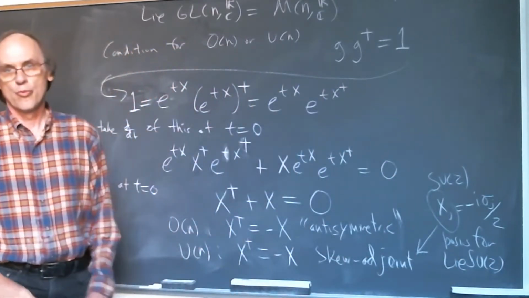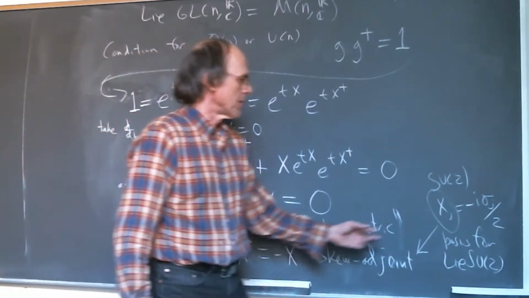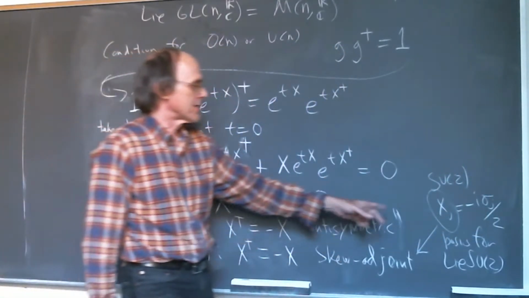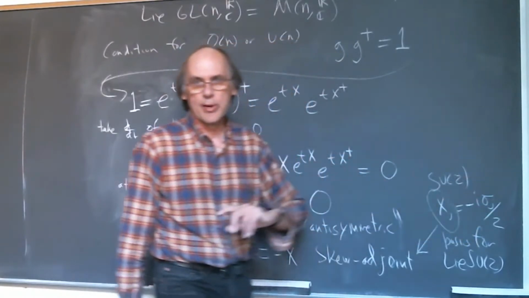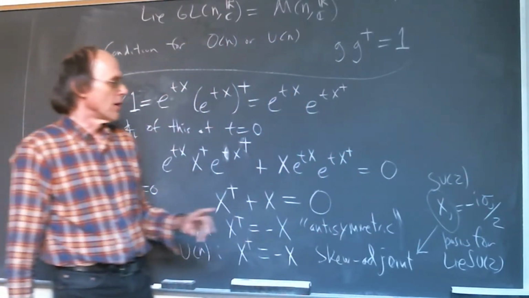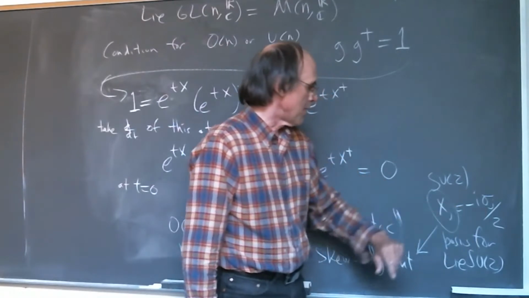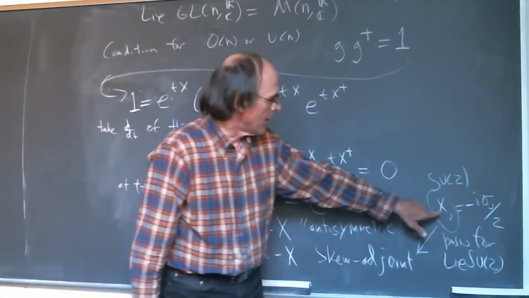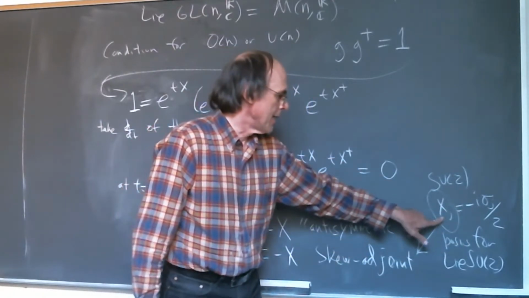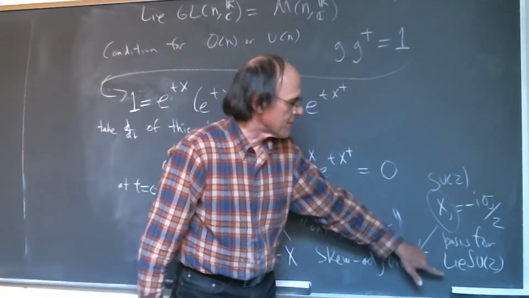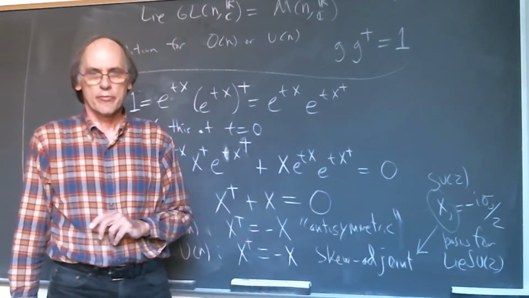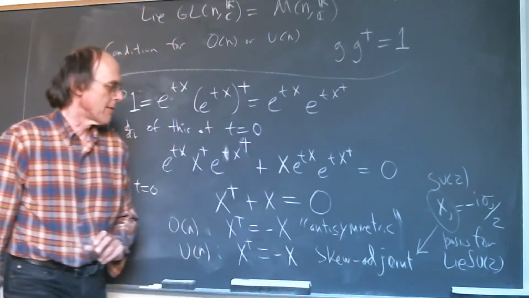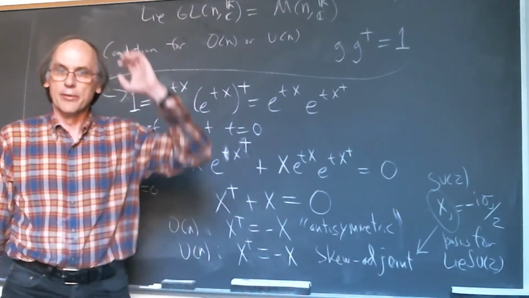The sigma matrices that physicists like to work with are a basis for the self-adjoint 2 by 2 matrices, but we put in the minus i so that they are skew adjoint, and they form a basis for the Lie algebra. We'll see in a minute that the 2 is the normalization that makes the commutator work out well.